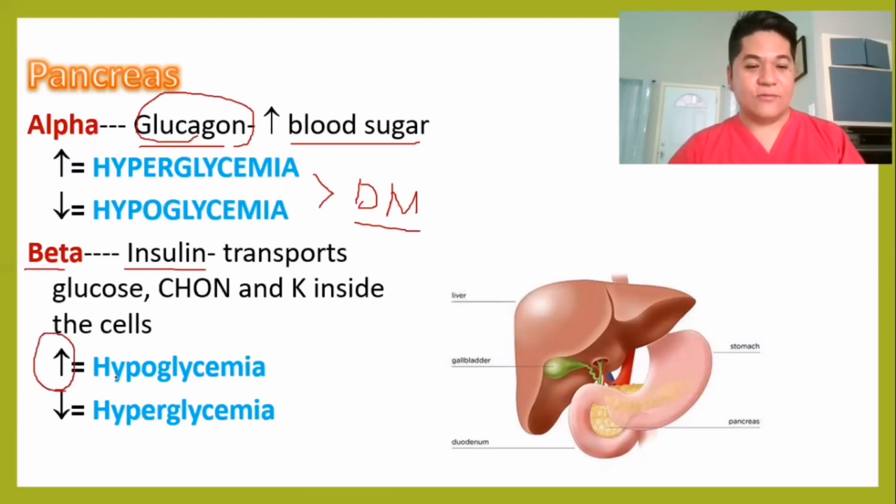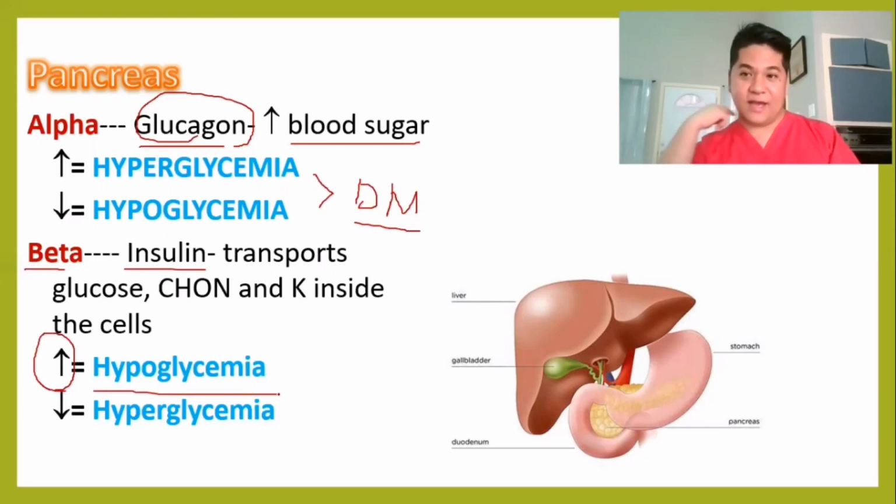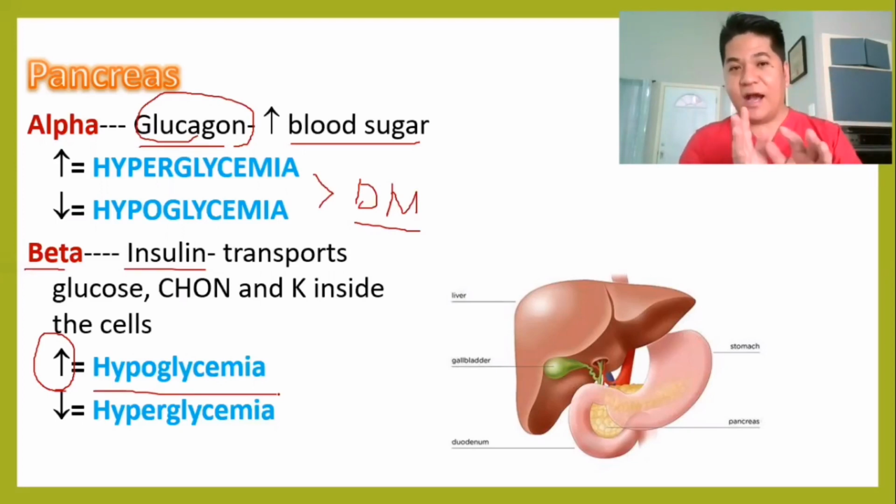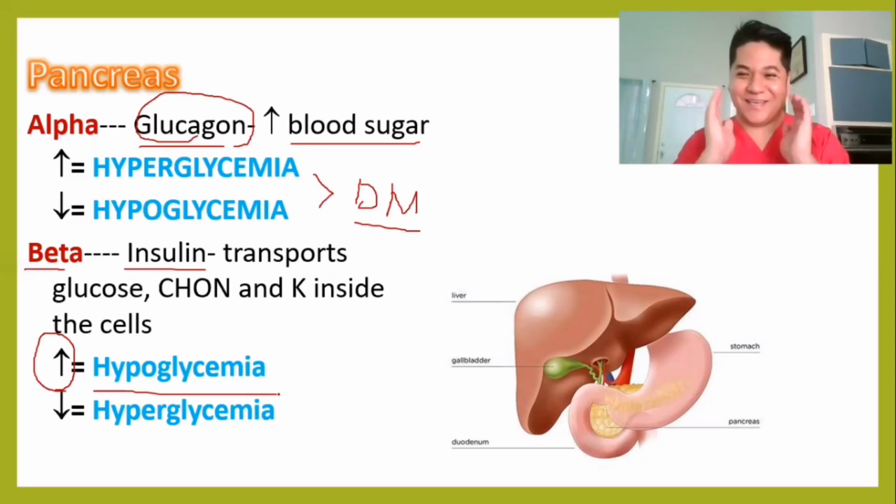Now, increased insulin would also lead to hypoglycemia. If there is a resistance to the insulin on the tissue or the cell, then the glucose cannot be utilized by the cell. It cannot enter into the cell itself. Therefore, the insulin will be secreted, and you would have the hypoglycemia as well.